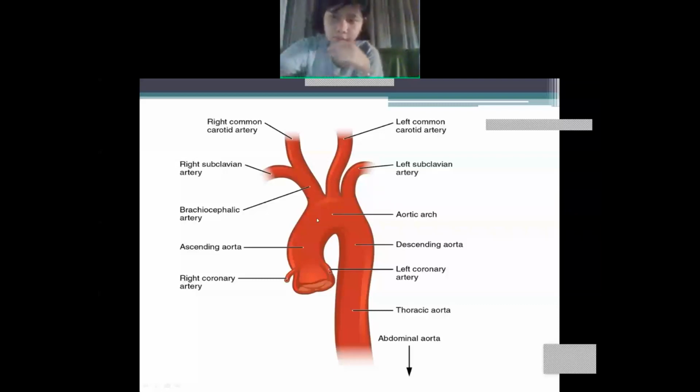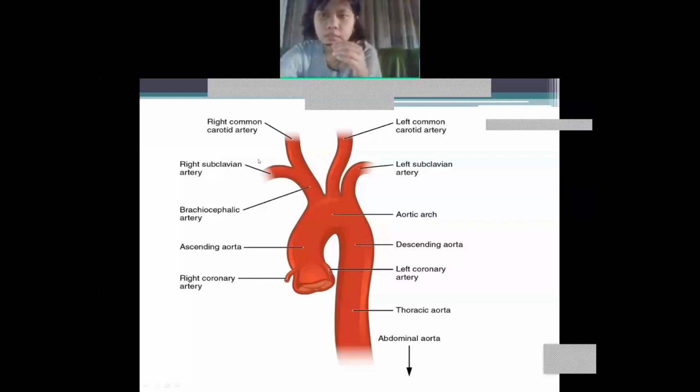The brachiocephalic artery is divided into two parts again: the right subclavian artery, and the next is the right common carotid artery. So that is about the arch of the aorta.